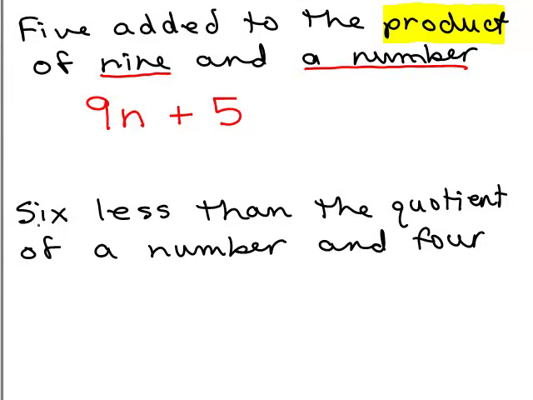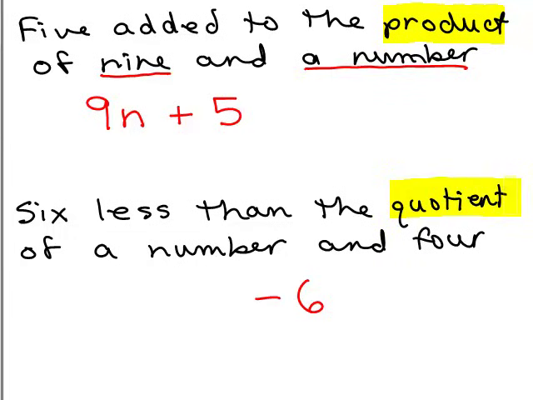All right, next one. 6 less than the quotient of a number and 4. So 6 less than something means I'm going to take away 6 from something. So I know I'm going to subtract 6 from something. Now I've got to figure out what I'm subtracting it from. What am I subtracting 6 from? The quotient. Remember what the quotient means?